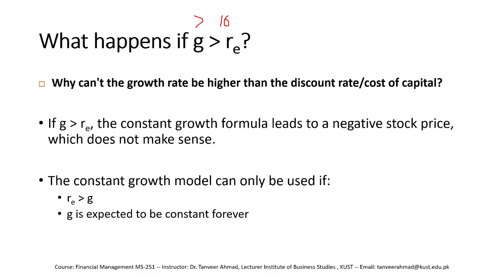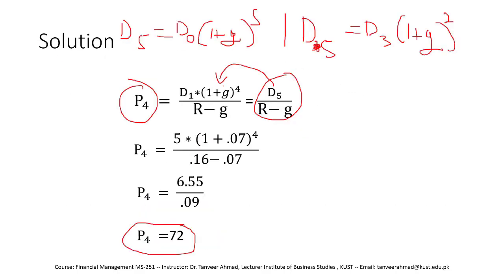That's fine, g is less than the cost of capital, so we can use the constant growth model to find the price. But when the growth rate is higher than the discount rate, then we cannot use this model. Now imagine what would happen if the growth rate is higher than the cost of capital.